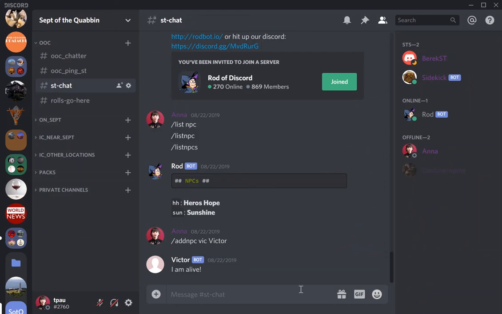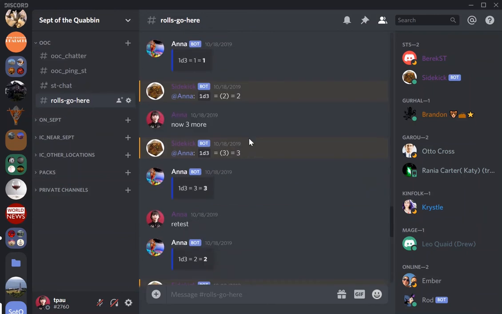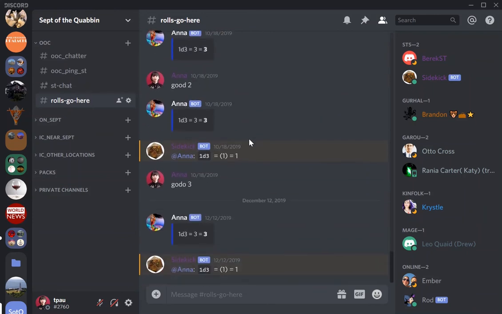There's an ST chat, where only STs are, and we talk to each other. As you can see with this little lock, it's protected. Players don't see it. Roles go here, which I mentioned in the other place. This is basically where roles happen, just to contain them.